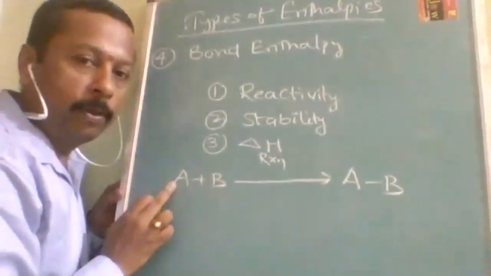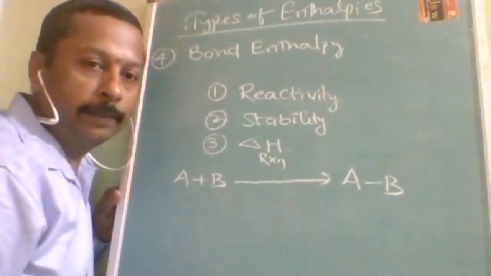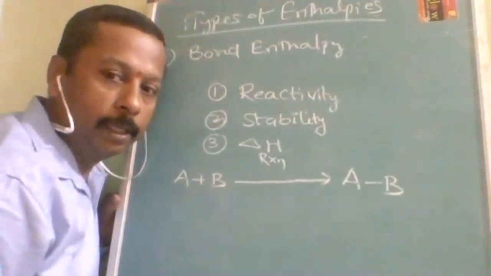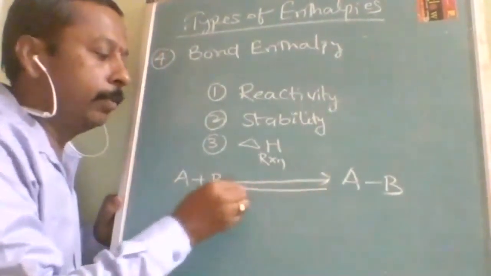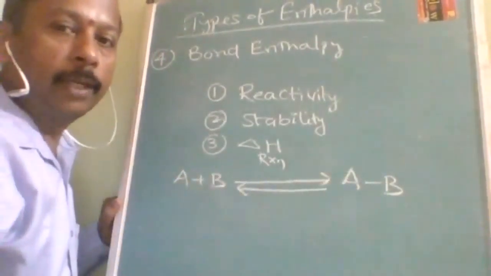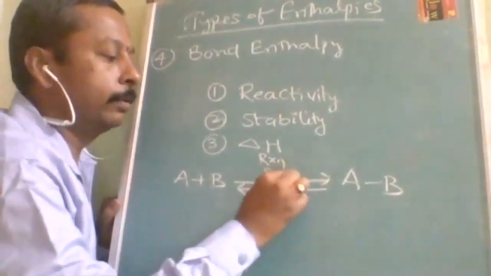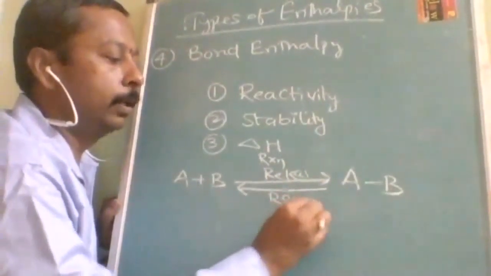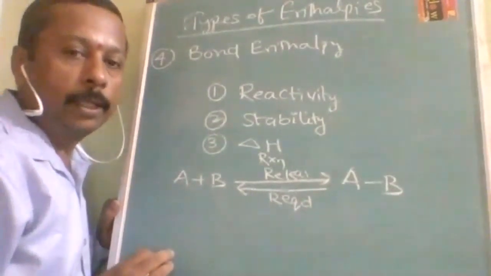Here there was no bond, but they are creating a bond. So whenever bond formation is there, energy will be released. That amount of energy released is called bond enthalpy. And when you break that molecule into atoms, that is possible when you break that 1 mole of bond again. So once on this side it is released, on this side it will be required. The same amount only. That's why this is called bond enthalpy.